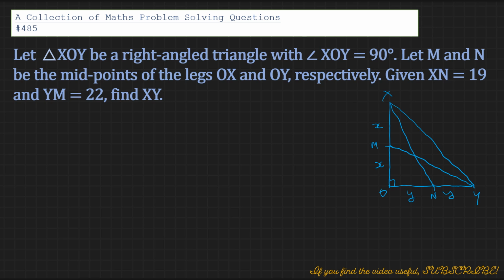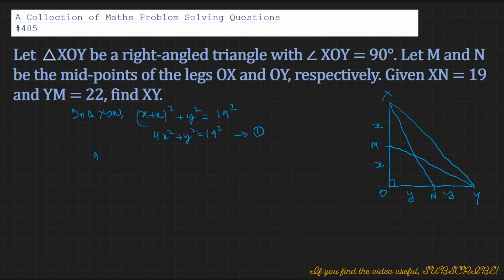So what we do is in triangle XON, because it's a right angle triangle, by Pythagoras theorem we can say that (x plus x) whole square plus y square equals XN square. XN is 19, so 19 square, or we can say 4x square plus y square is 19 square, and we call this equation 1.